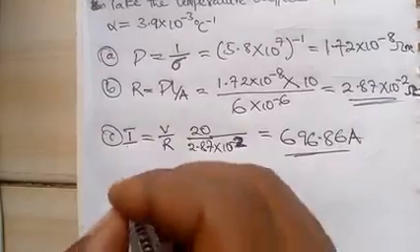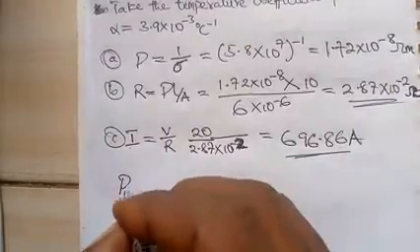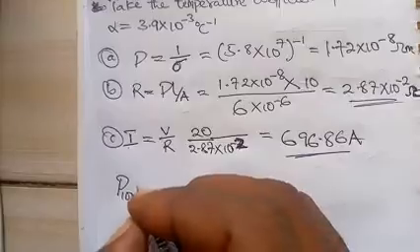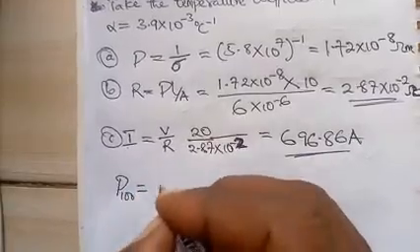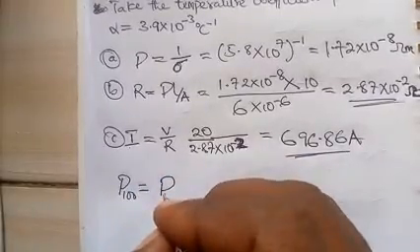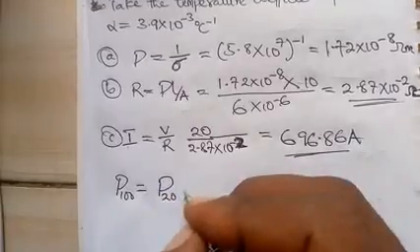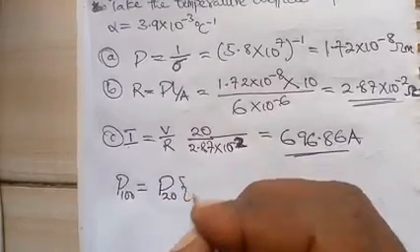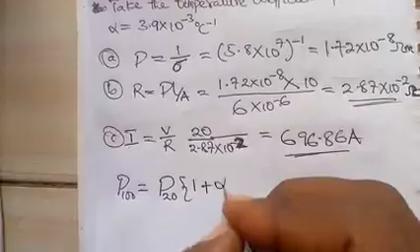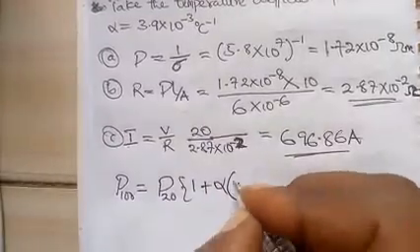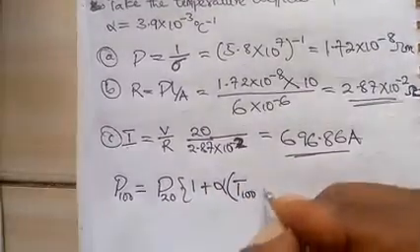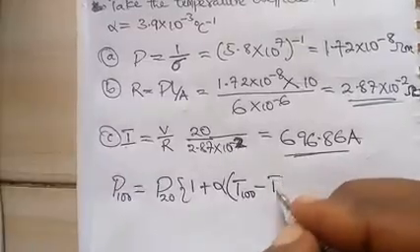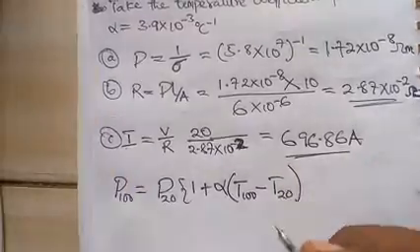Part D says we should calculate the resistivity of the wire at 100 degrees Celsius. The resistivity at 100 degrees Celsius is given as the resistivity at 20 degrees, remember, into 1 plus alpha into the temperature of 100 degrees Celsius minus the initial temperature, which is 20 degrees.